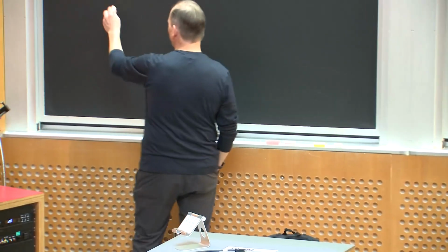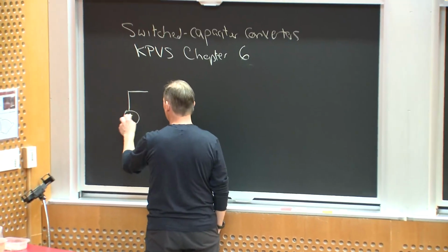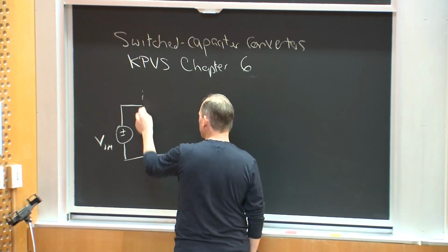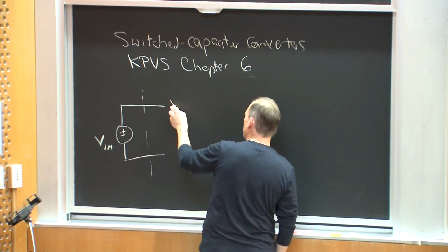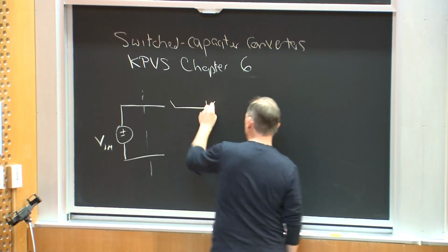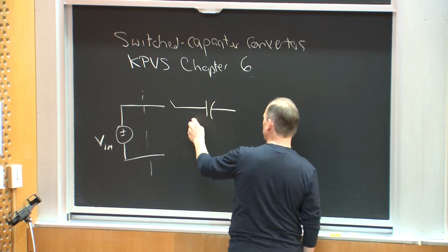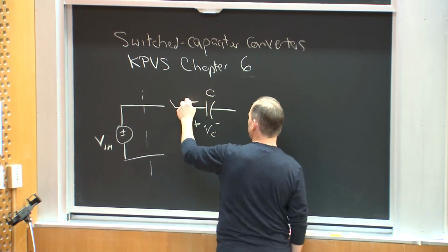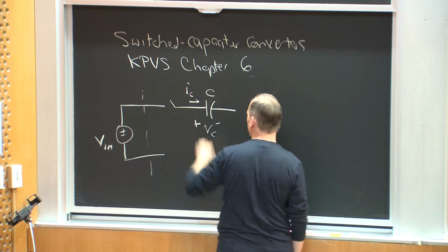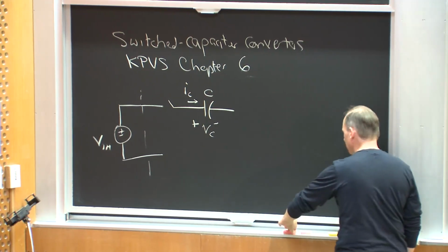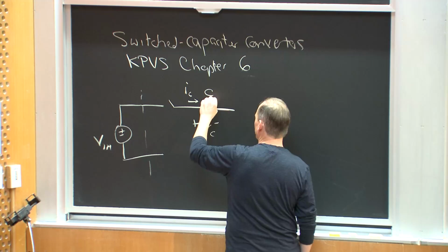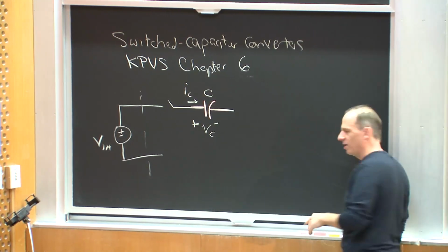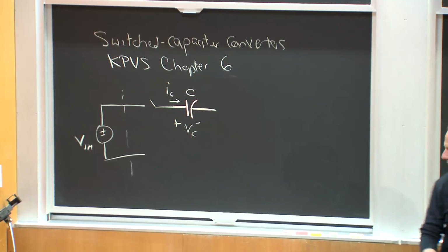Suppose I had some input voltage, okay, from which I'm going to draw power, and I'm going to have a capacitor here, and this capacitor is my energy transfer capacitor. So here C, IC, and VC, okay? In this example, this element is where I'm storing the energy in the intermediate form to do this energy processing, okay?